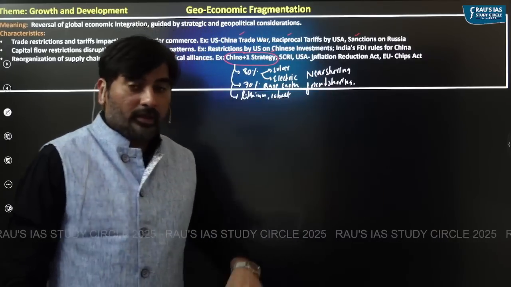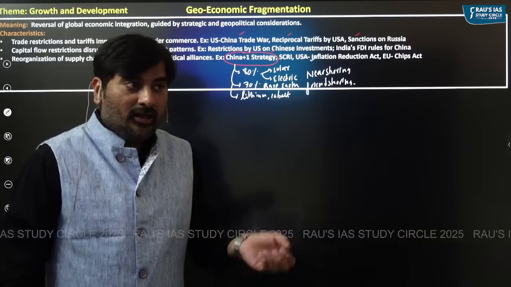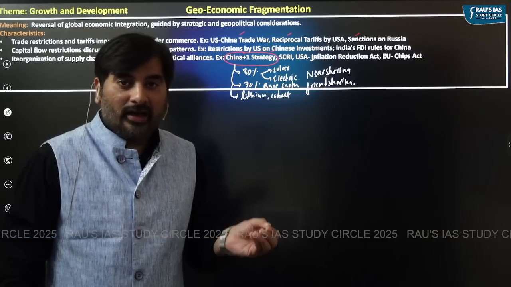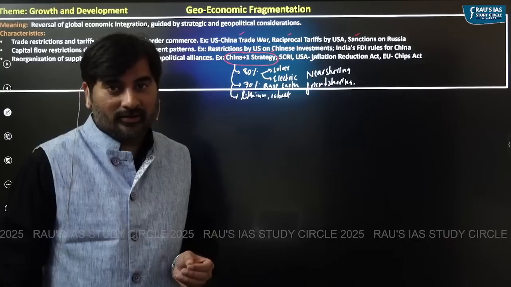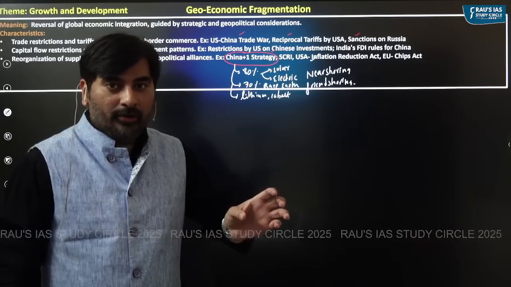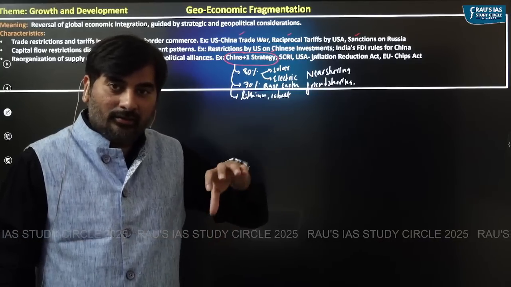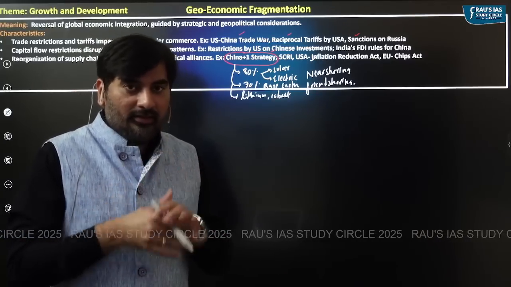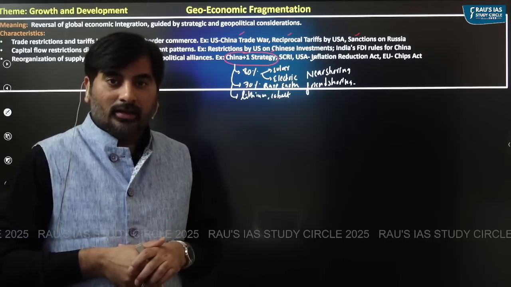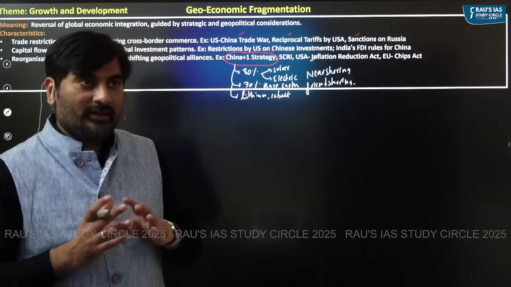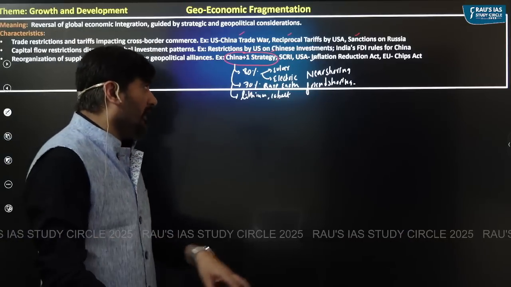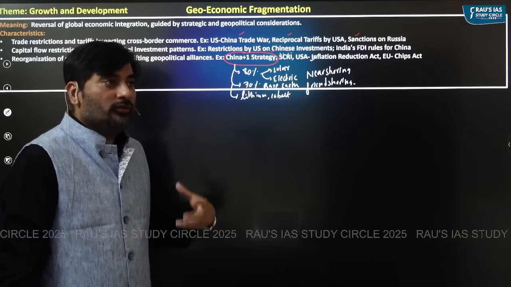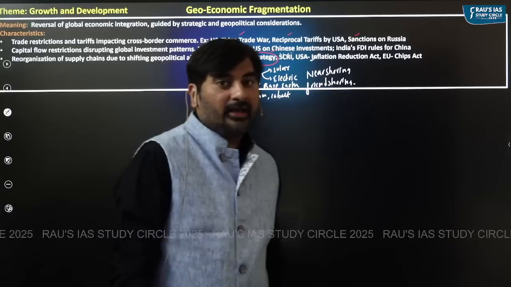In the EU, the EU has come up with the CHIPS Act in order to reduce the dependence on countries such as Taiwan and Malaysia for semiconductors and to give a fillip to the manufacturing of semiconductors within the EU. In the same way, countries such as India, Japan and Australia have come up with their own initiative called the Supply Chain Resilience Initiative to reduce the dominance of China in the supply chain.